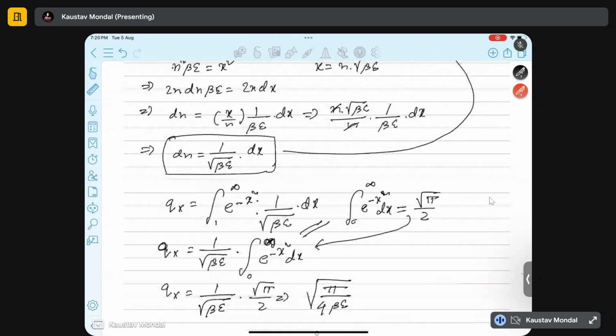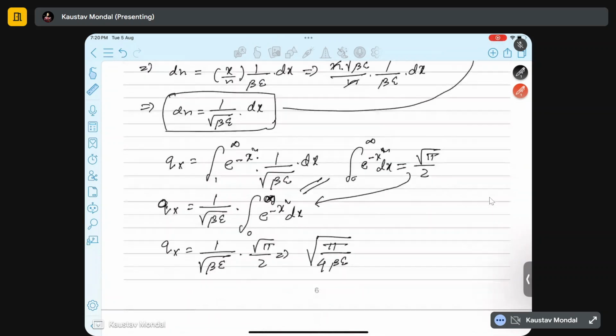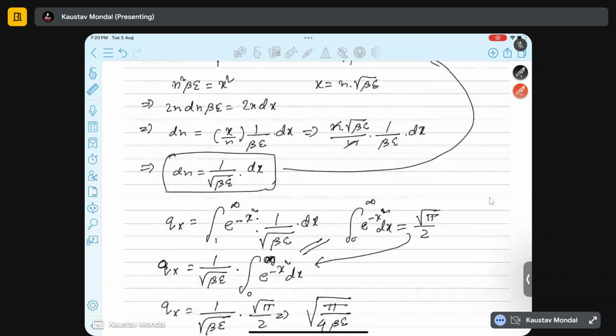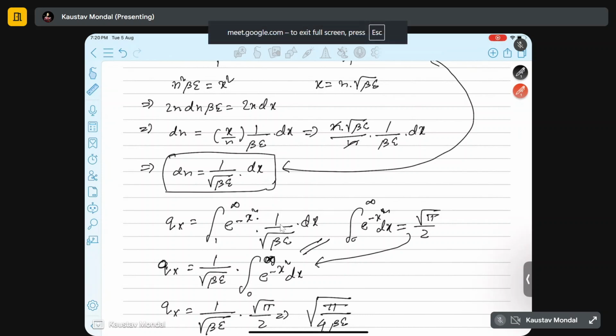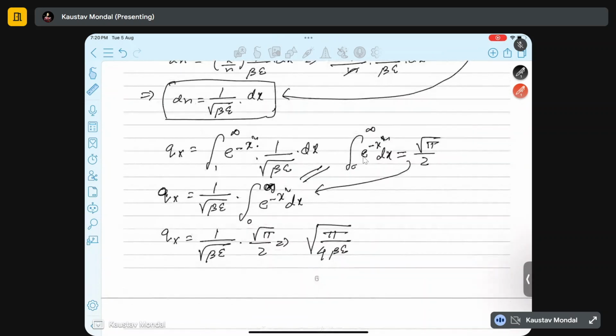So this is the expression of the qx here. So in this way you can get the partition function qx. Okay.